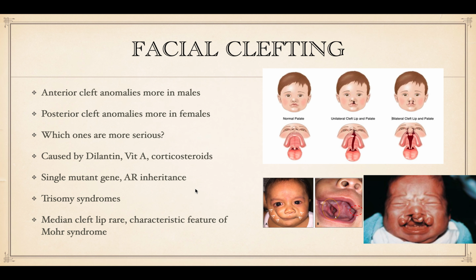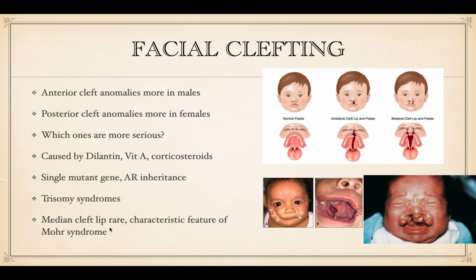So this can be caused by medication like anti-epileptic medications such as Dilantin, or retinoids. So Accutane is going to cause this, and corticosteroid usage. There's also some kind of genetic inheritance. Usually it's one single mutant gene, and it's associated with a lot of trisomy syndromes.